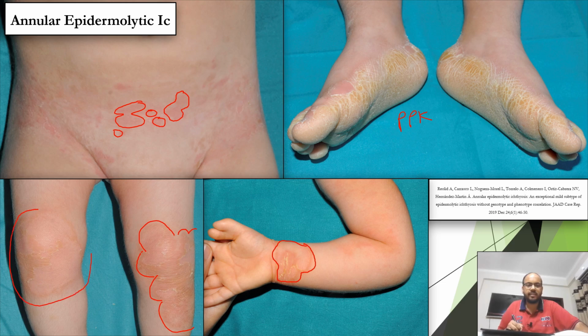Look at this cyclic lesion, and in fact, you can see the superficial layer of skin is shedding. I've taken this picture from this article. I'll put the article in the description so you can read the full article. So this is annular epidermolytic ichthyosis, another variant of epidermolytic ichthyosis. Let's move forward.